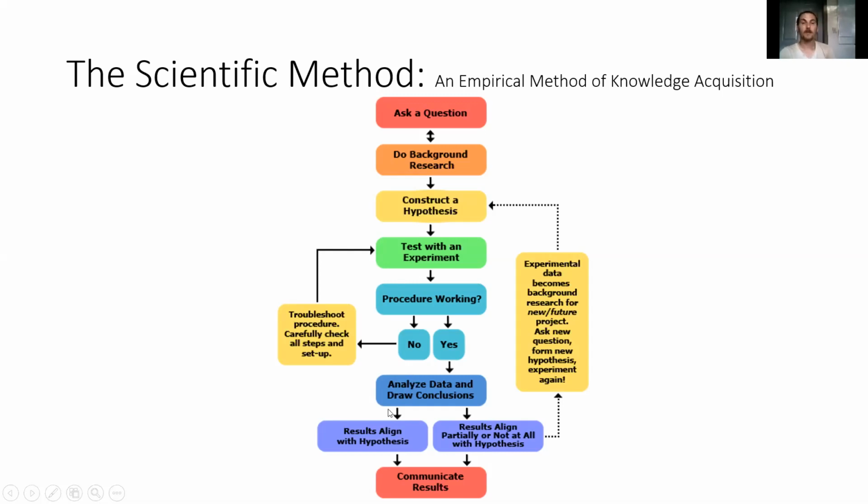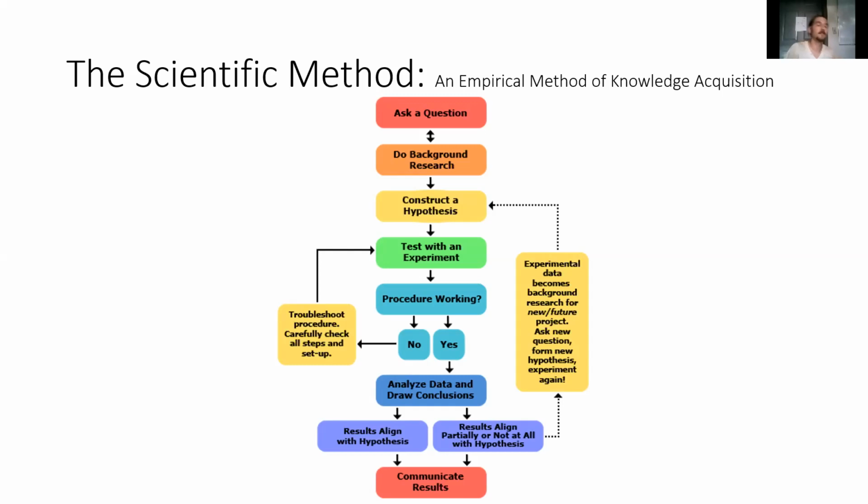But even when we come to a conclusive idea, even if the results from the research line up with our hypothesis, that doesn't mean that we're done. The last step here, communicate the results, is just as important. If we think we're right, we want other people to know the idea and work off of it. But we're communicating the results to put the information out there for other people to test and question.